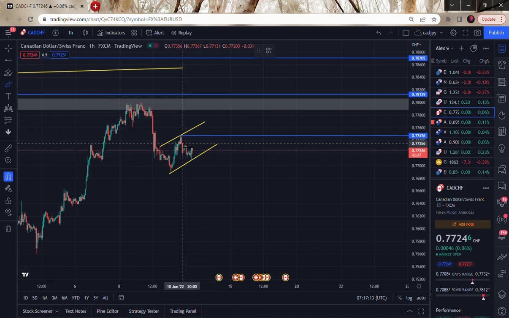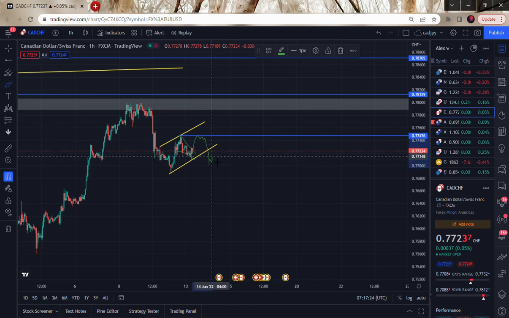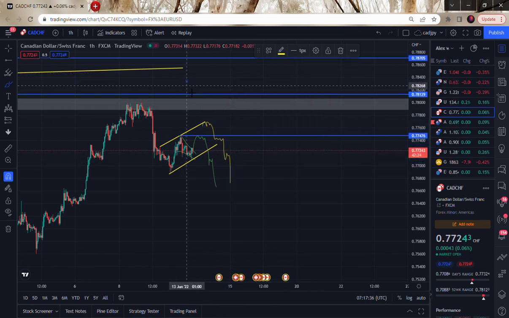Because I can already see we have a correction, we are anticipating an impulse. We can get this double top here, or we can come and get the third touch here before we go to the downside. Whichever one happens first, we'll be waiting for it.